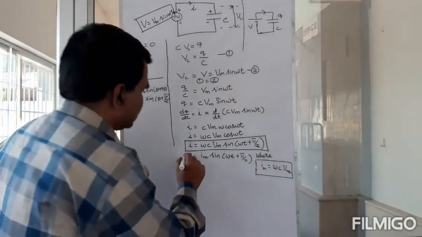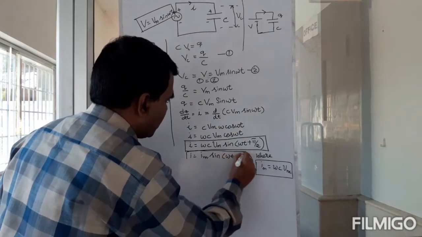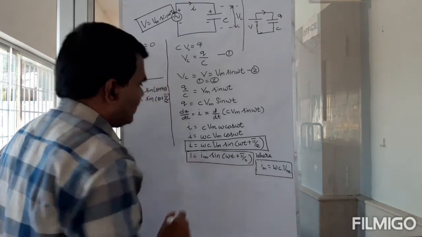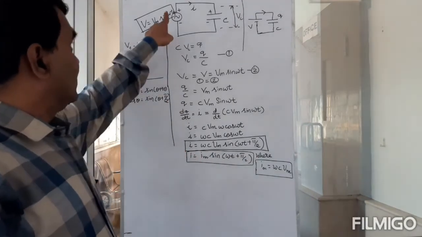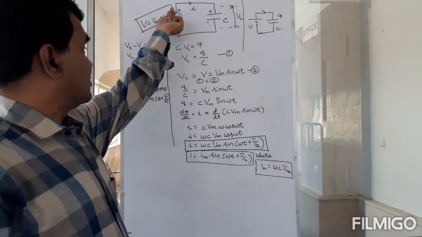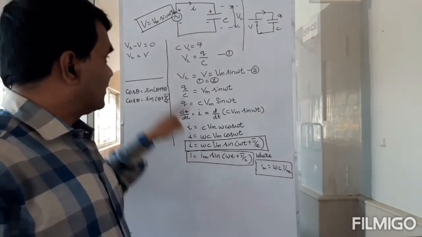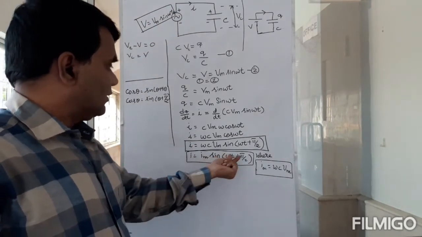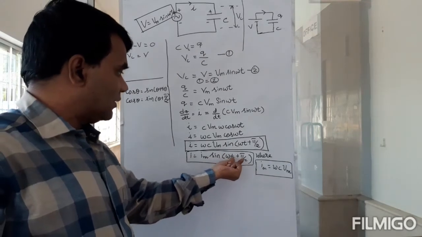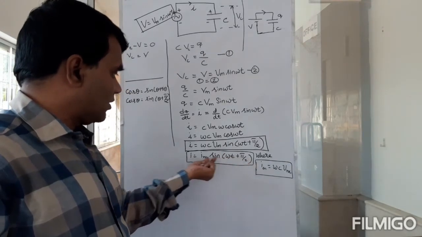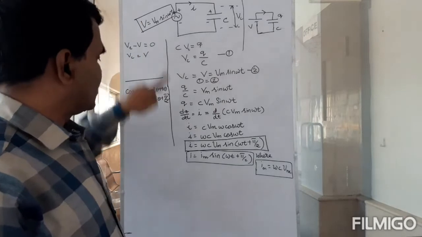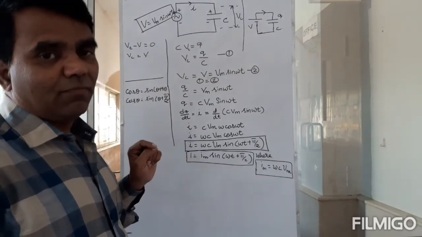Okay, so this is it. So if time is equal to 0, V will be 0, but when time is equal to 0, this would be sine pi by 2, so 1 Im. So when V is equal to 0, I will be maximum.